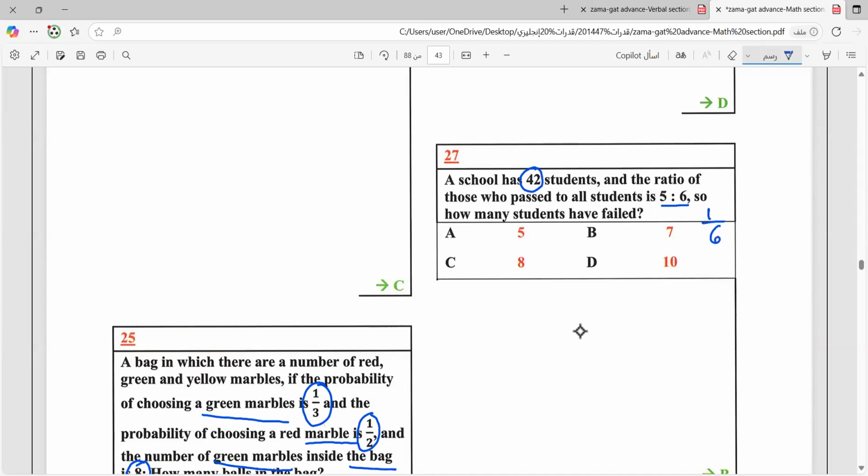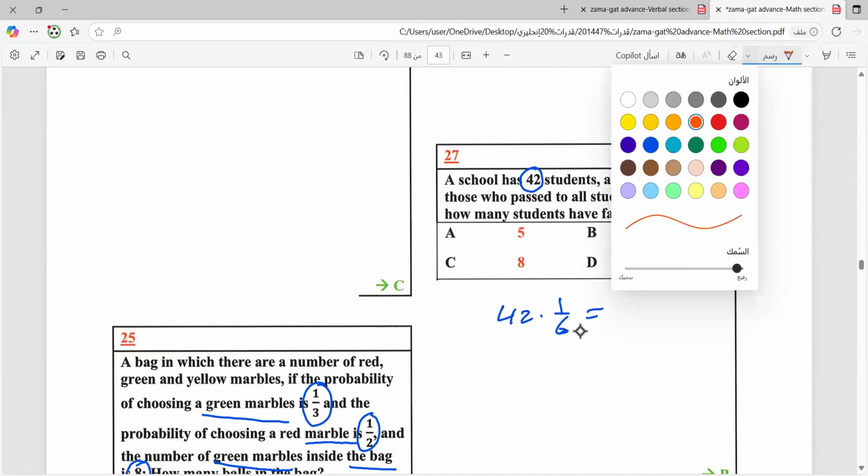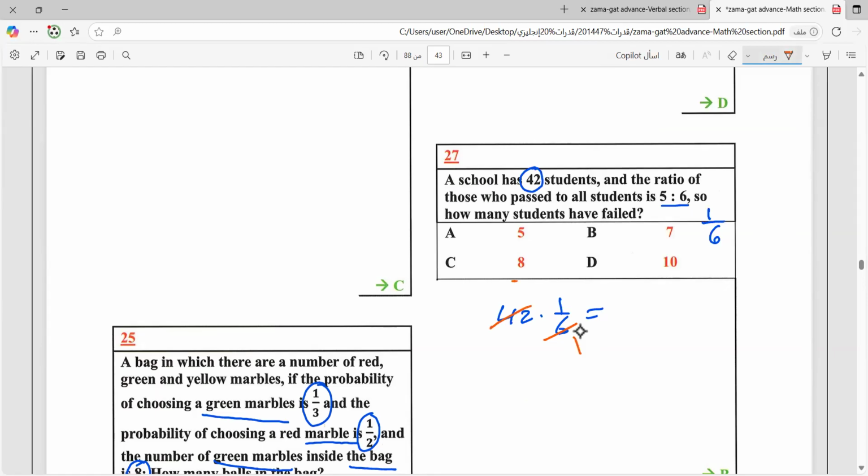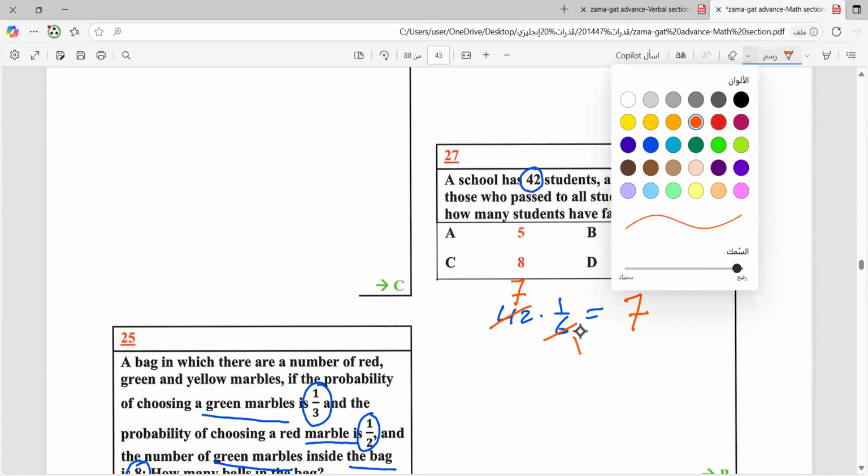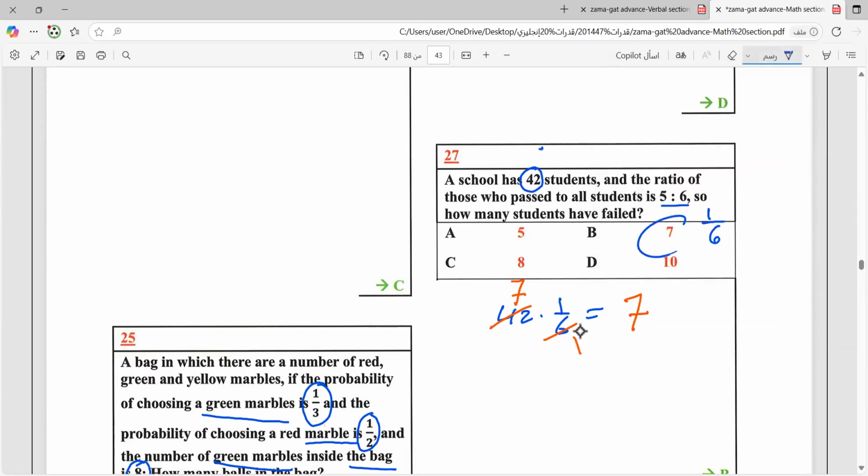So 1/6. This is the ratio for students who failed. So we multiply 42 times 1/6. You simplify: 6 divided by 6 is 1, and 7. So the answer is 7. It's B. Clear?